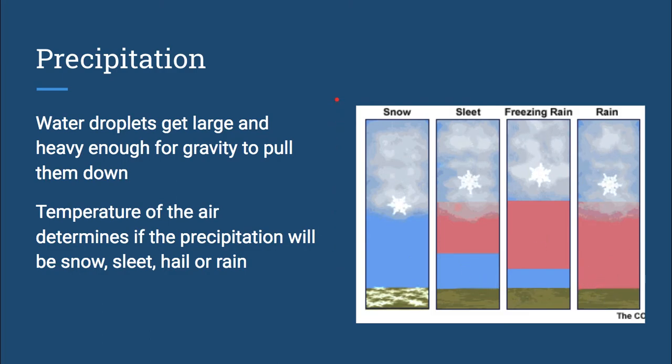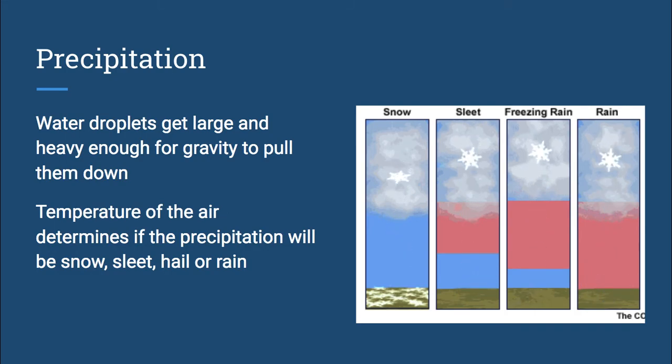Another step in the water cycle is called precipitation. Precipitation is when water drops get large enough and heavy enough for gravity to pull them down. So again, a cloud is made out of water drops. As those drops get bigger and bigger and bigger, gravity starts to pull on them.